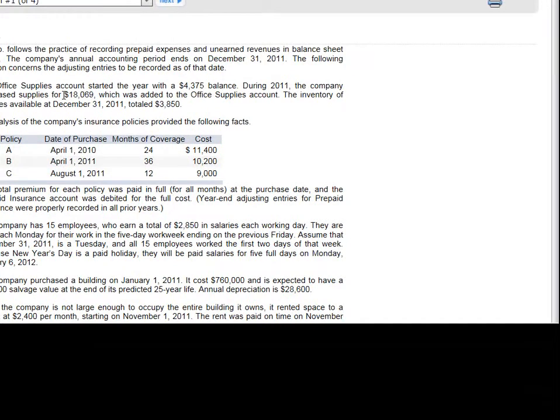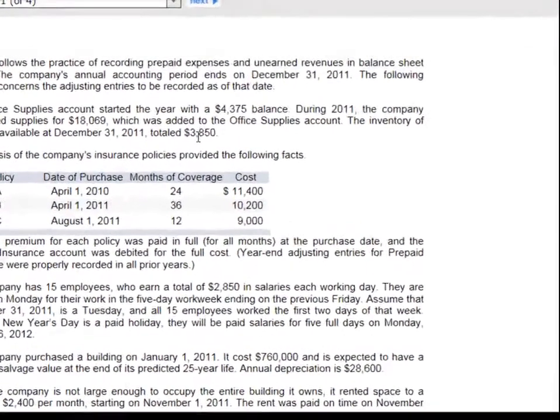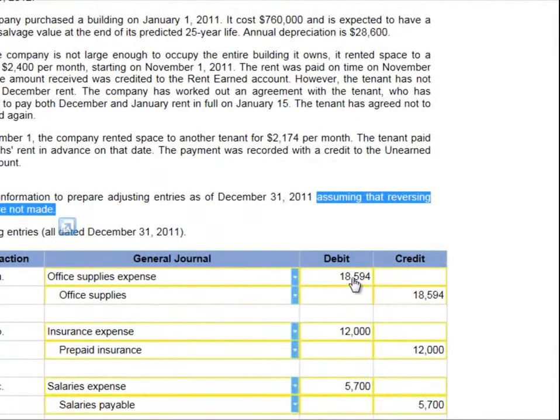That gives us $22,444 that we could have used, but then we ended up with $38.50. So that means we used the difference, $18,594. We use that up. So we debit office supplies expense, credit the office supplies asset.